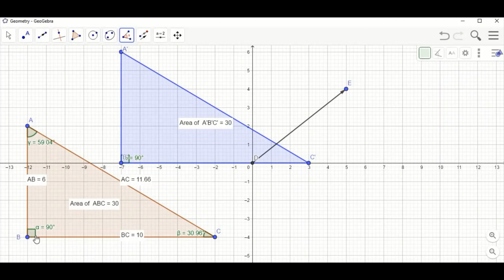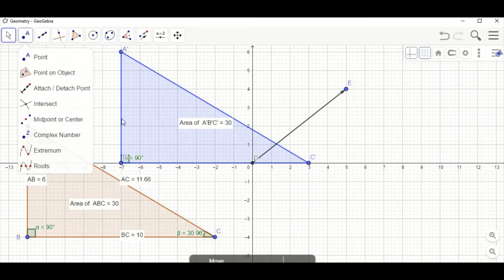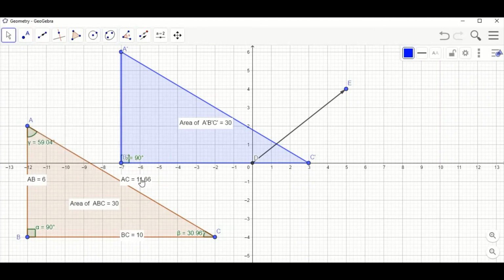So angle CBA is 90 degrees. Angle C prime B prime A prime is also 90 degrees, right? You can just shift this B here outside so it's not so curly. So you see the B prime, all right? So we realize that the angles are preserved, right?